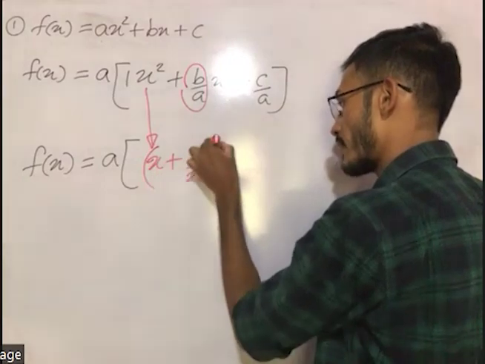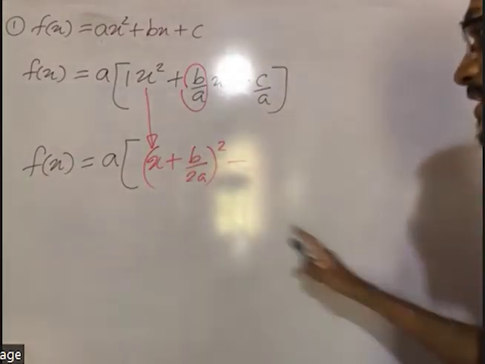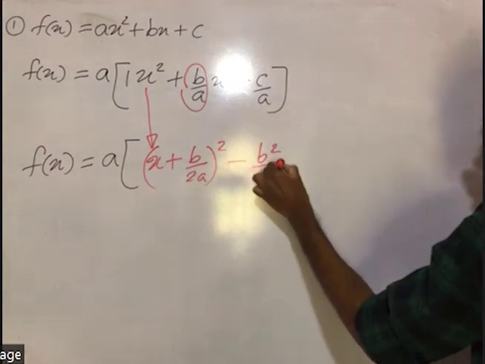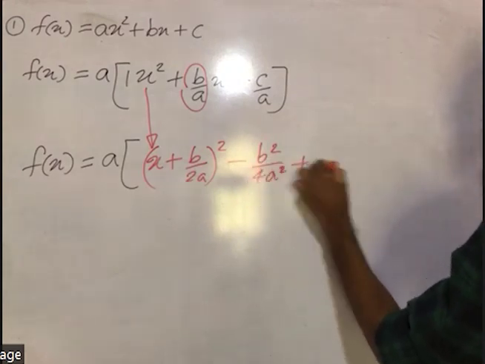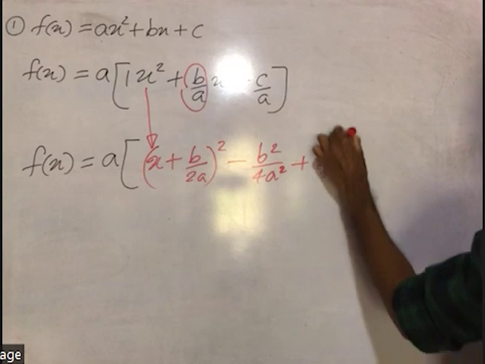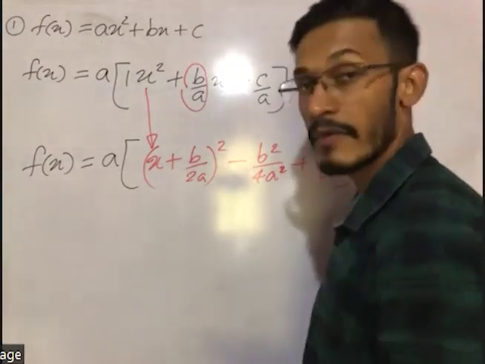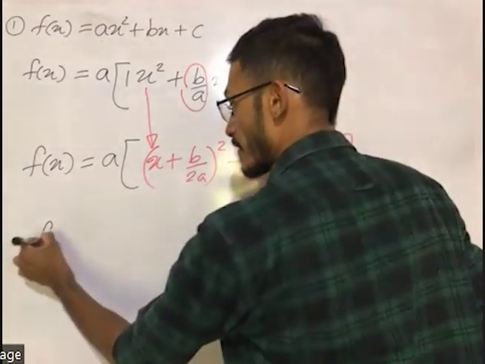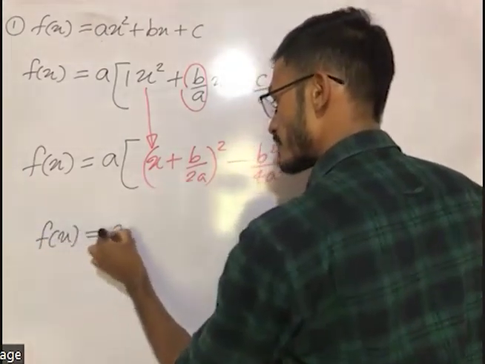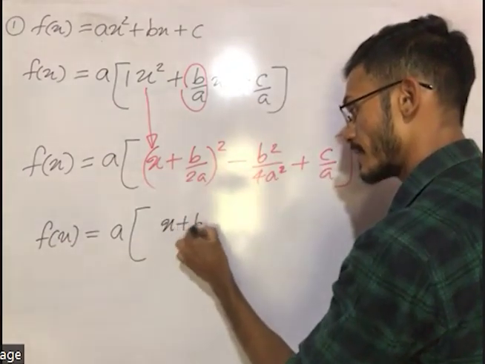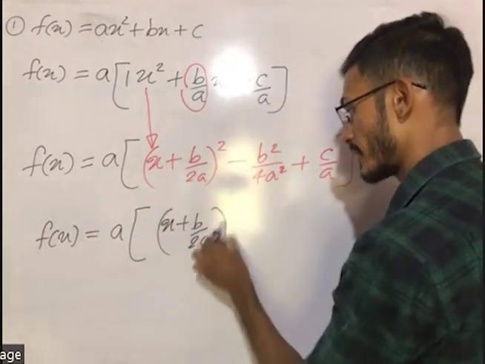Take the square of the whole thing, minus the square of this constant, that means b square over 4a square, plus c over a. Now I am going to simplify this. So here we have f(x) equal to a into x plus b over 2a whole thing square.